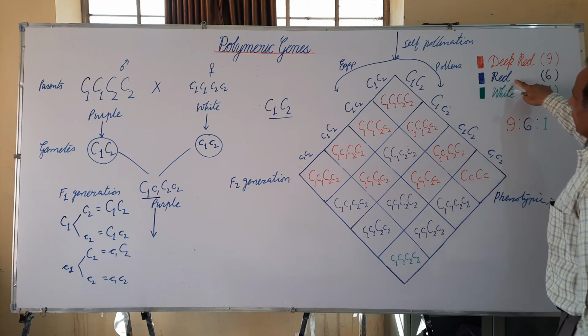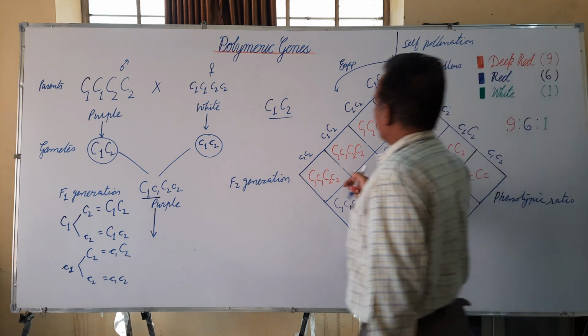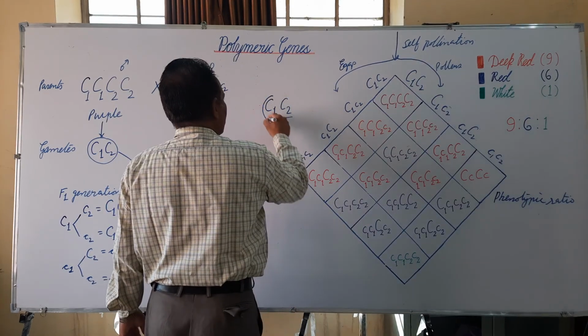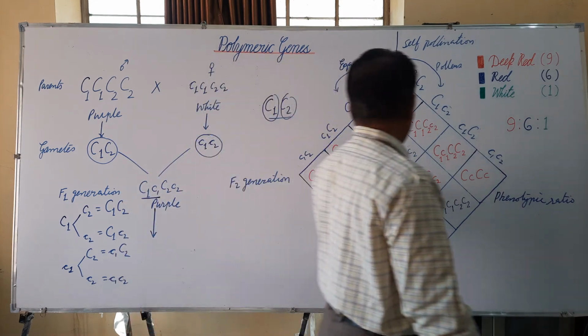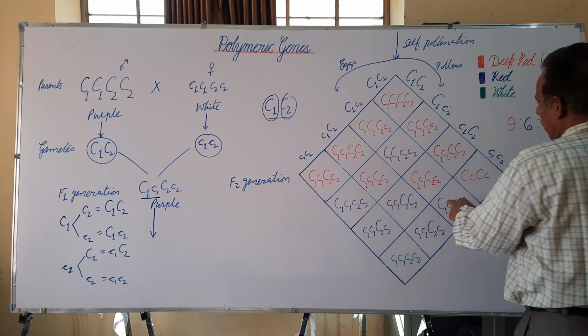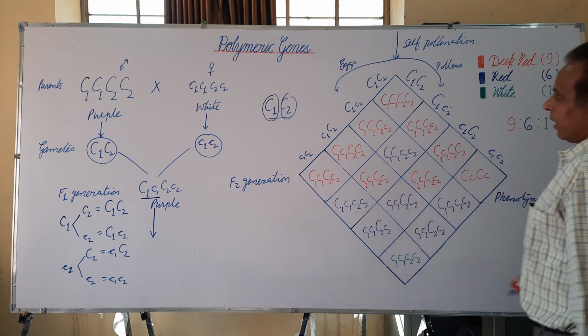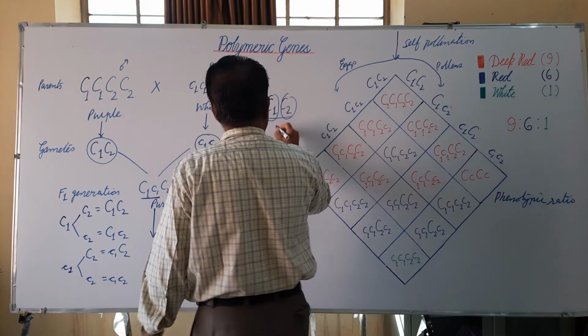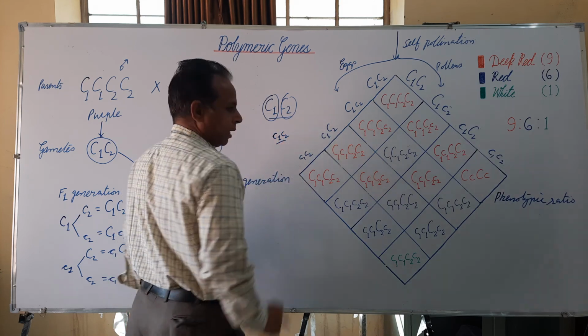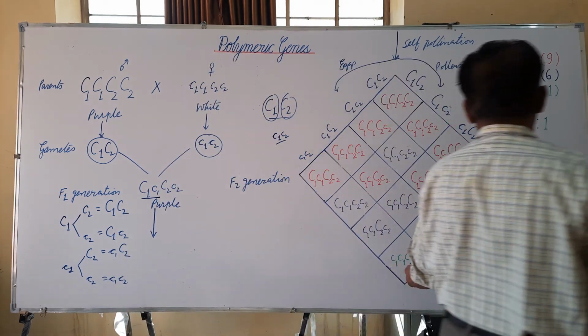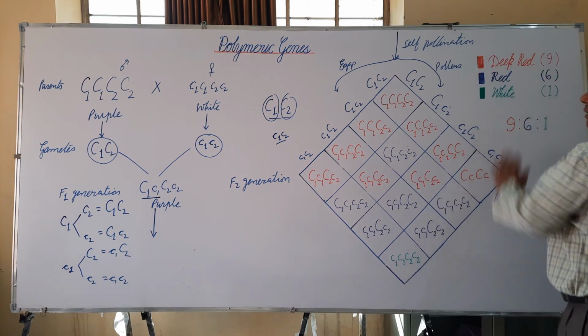Red is due to the presence of either C1 or C2 alone, which is in 6 out of 16, and in one case when both are present in recessive form, the effect is white.